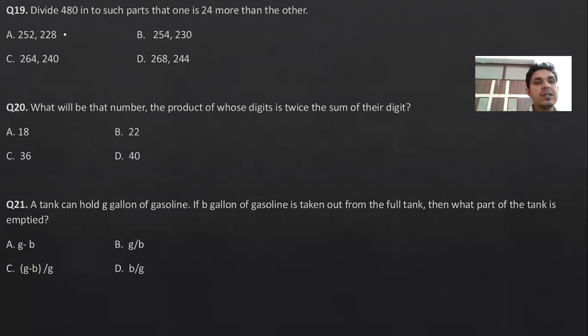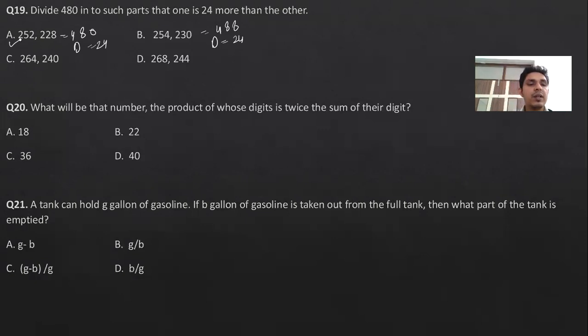If we check the sum in the first option, the sum is 480 here, okay, and the difference is 24, okay. If we check for option number B, the sum is 484, so this cannot be the possible solution. And if we check the difference of 24, but the sum is not 480, so the correct option should be A, right?